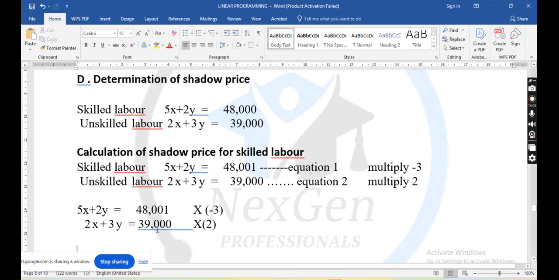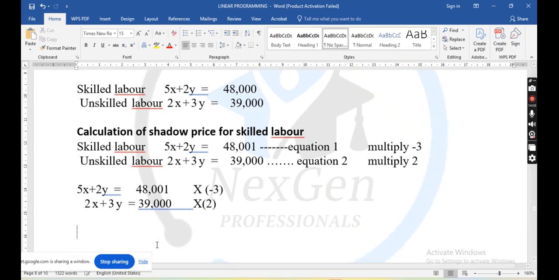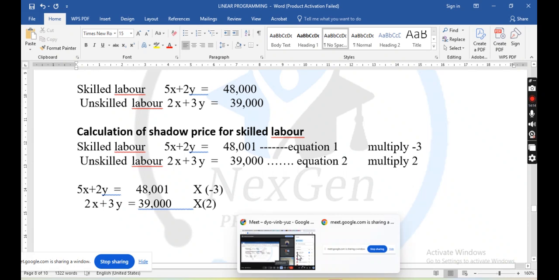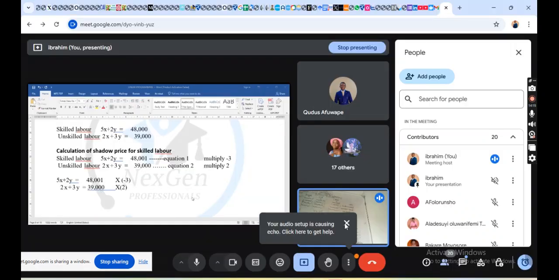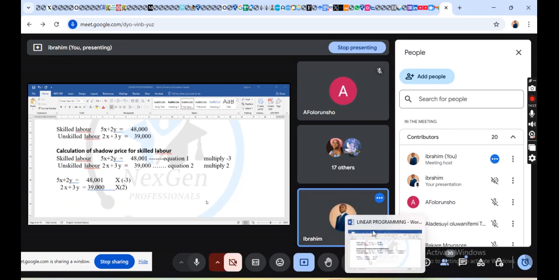That's a very good one. Well done. Now let's multiply. Kudus, use that method. Just get X equals to unit, and move on. So let's continue with our lecture quickly.